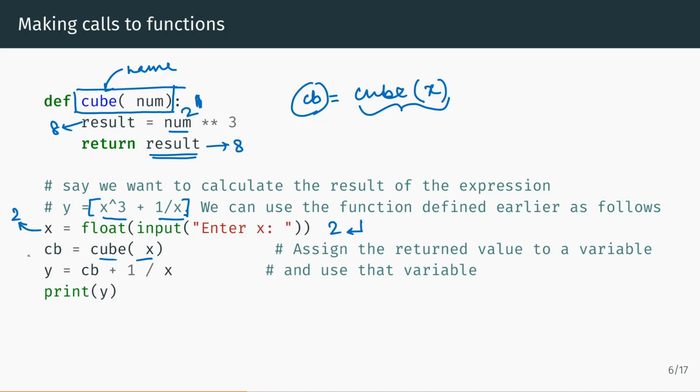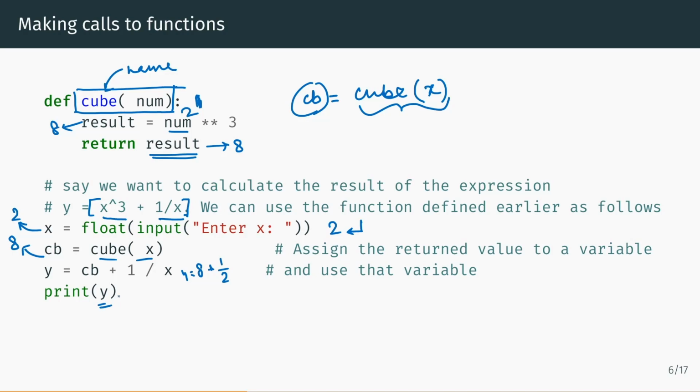So cb will now contain the value 8. And then we say y equals cb plus 1 over x. As we know, cb contains 8, and 1 over x would be 1 over 2, so this would be 8 plus 1 over 2. And then we print the value of y.